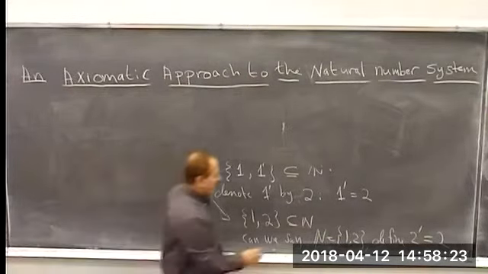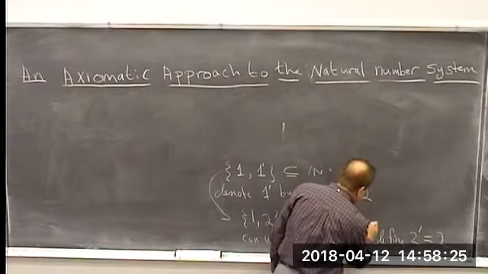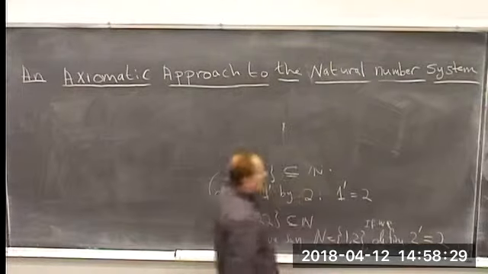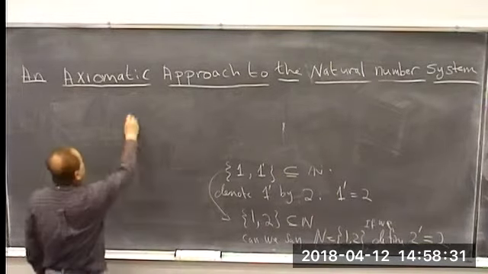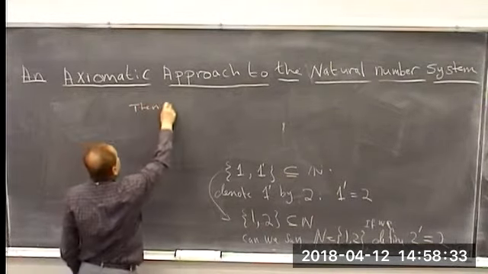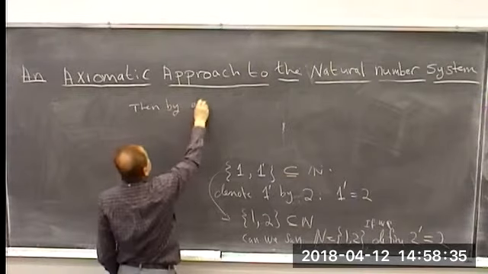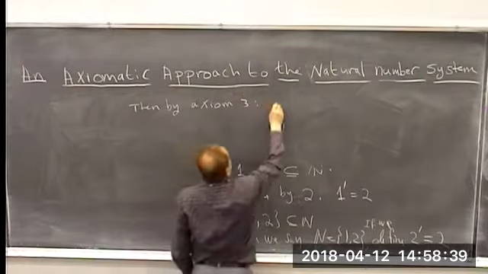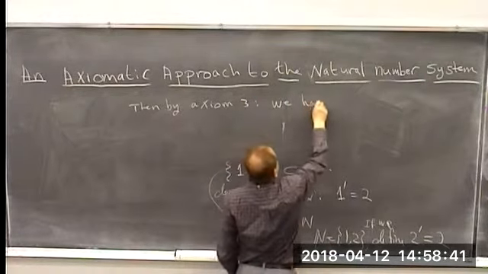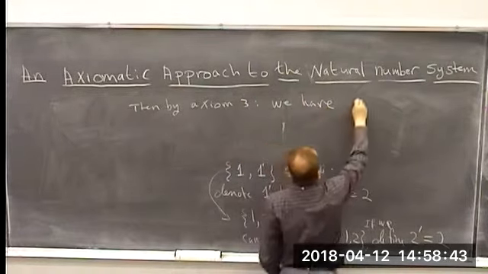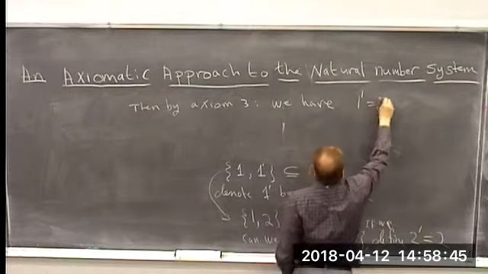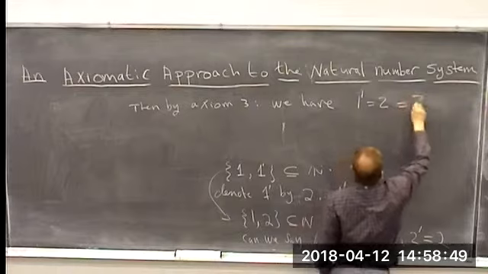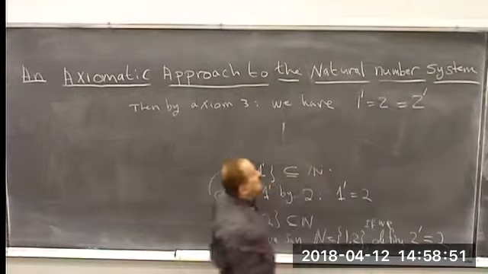So if we define 2 prime equal to 2, then by axiom 3, we have the successor of 1 is equal to 2, and also 2 is equal to the successor of 2.